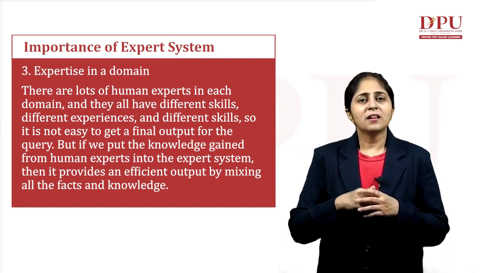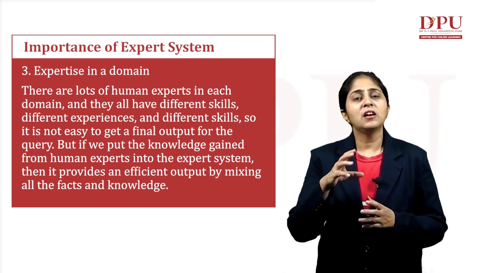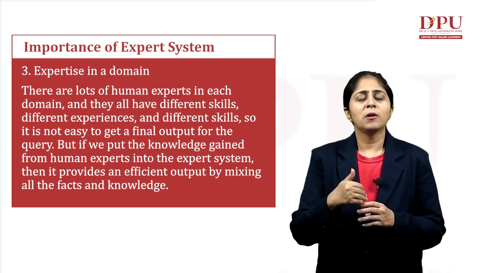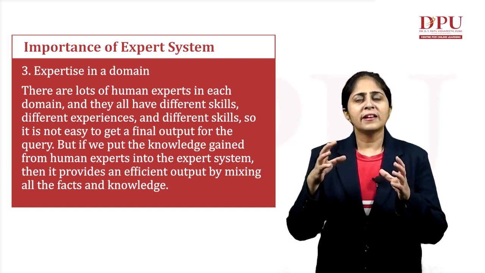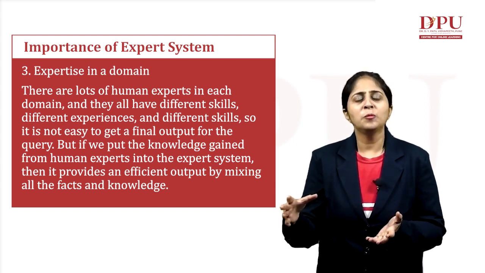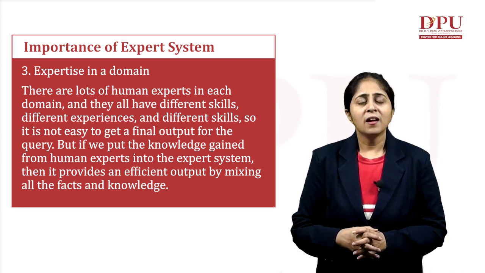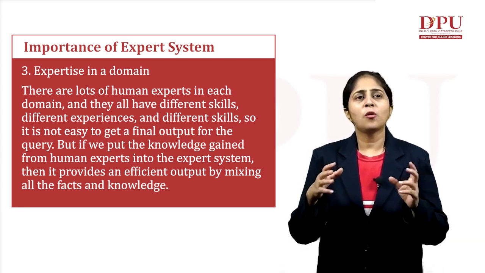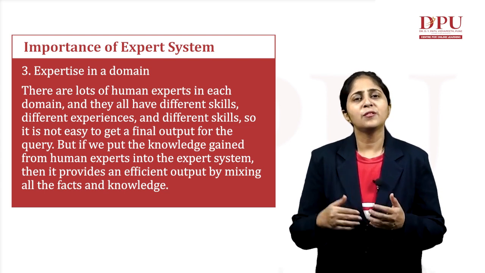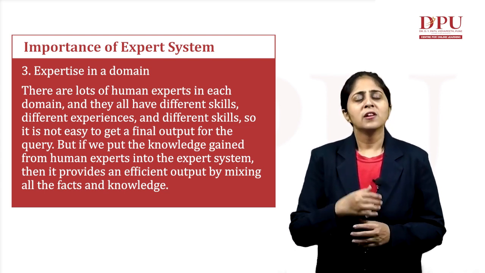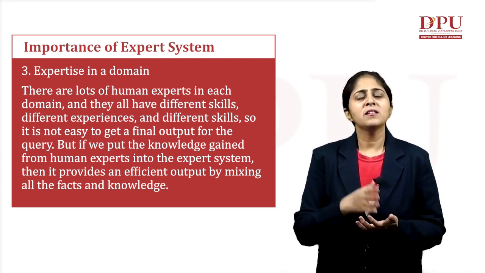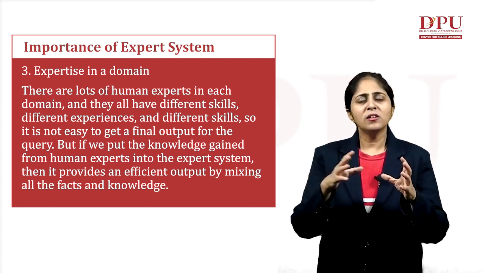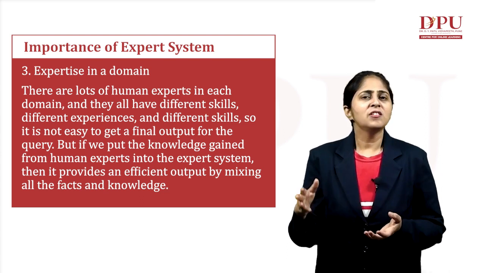So we can have expertise in the domain, because we can store the experiences of various human experts together, and by mixing all these facts, all this knowledge, we can attain efficient output. So it definitely provides us expertise in the domain using the knowledge of various human experts together.